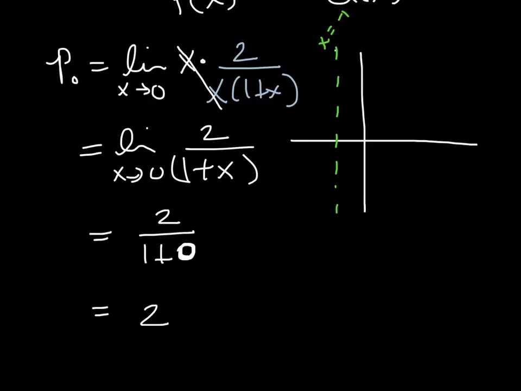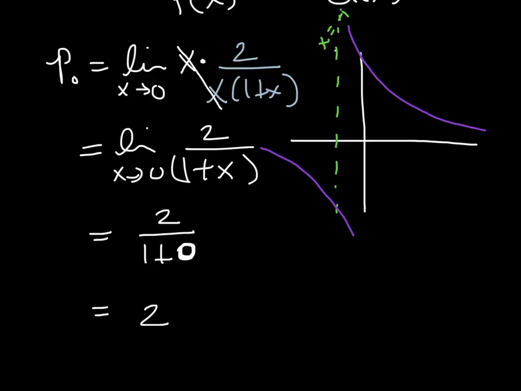Notice that at 0, as the limit is approaching 0, actually, this is a really bad graph. Let me erase it. It's actually pretty bad. Let me get my green.